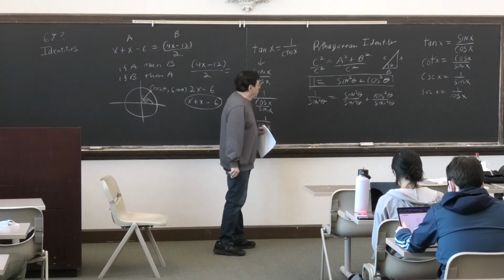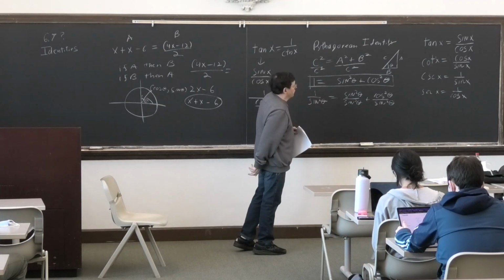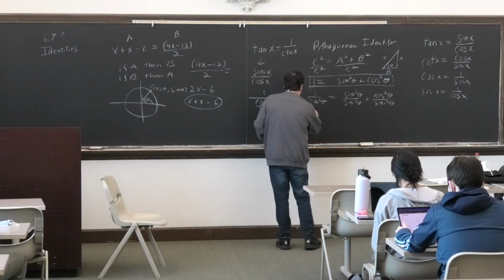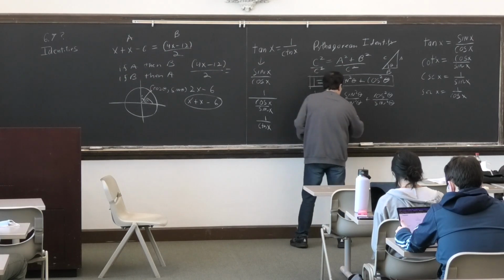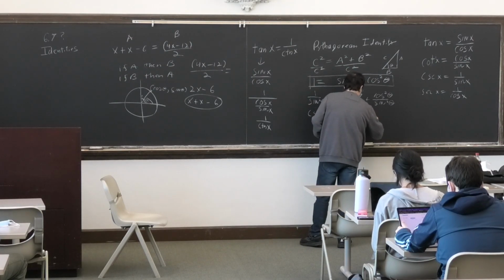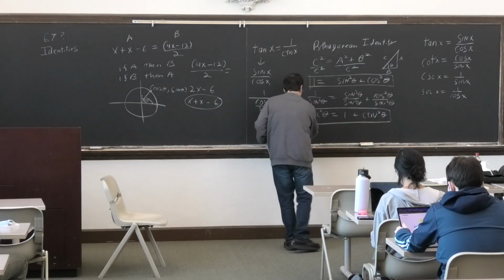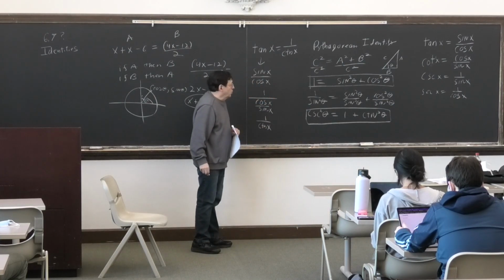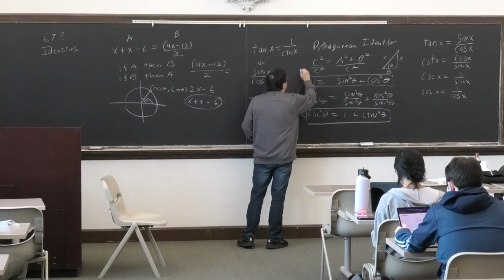And then we just want to use our definitions to relabel this. This is the cosecant squared. This is 1. And this is the cotangent squared. So this is also the Pythagorean identity.